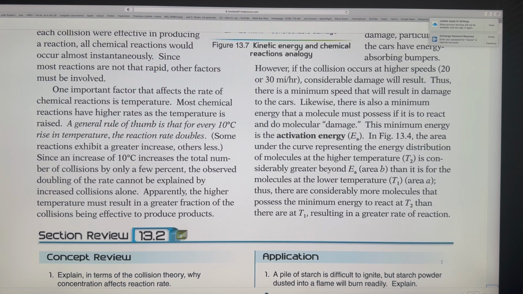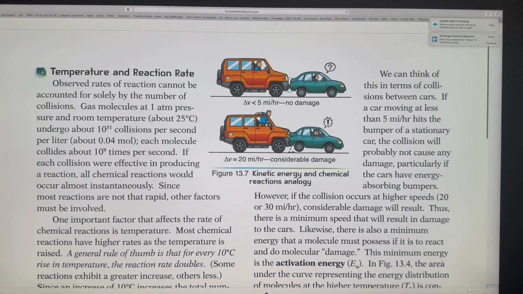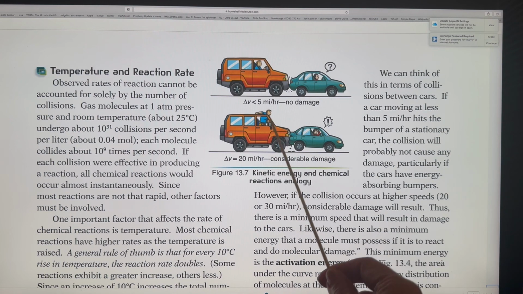Apparently, the higher temperature must result in a greater fraction of the collisions being effective to produce products. So basically, you'll produce more products. So going on, here's that picture of kinetic energy. Again, let's go down here to the activation energy. Activation energy is the minimum energy.